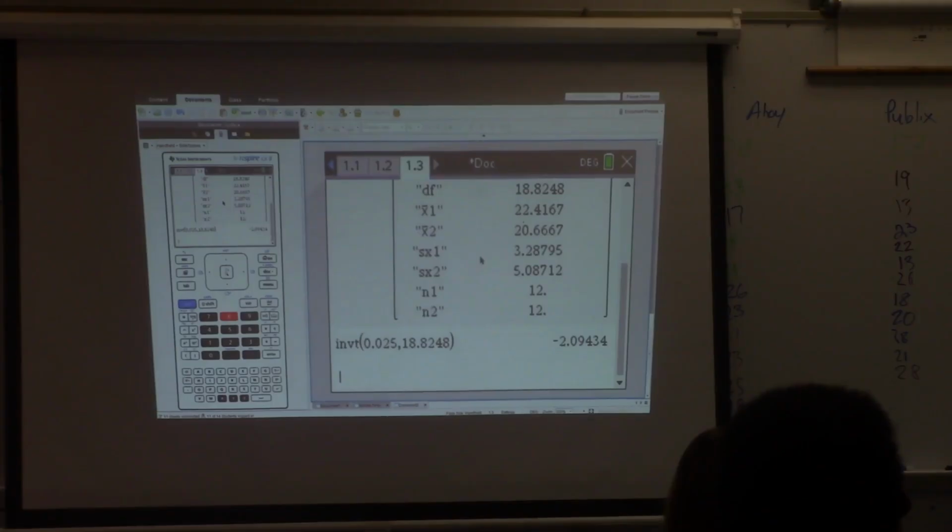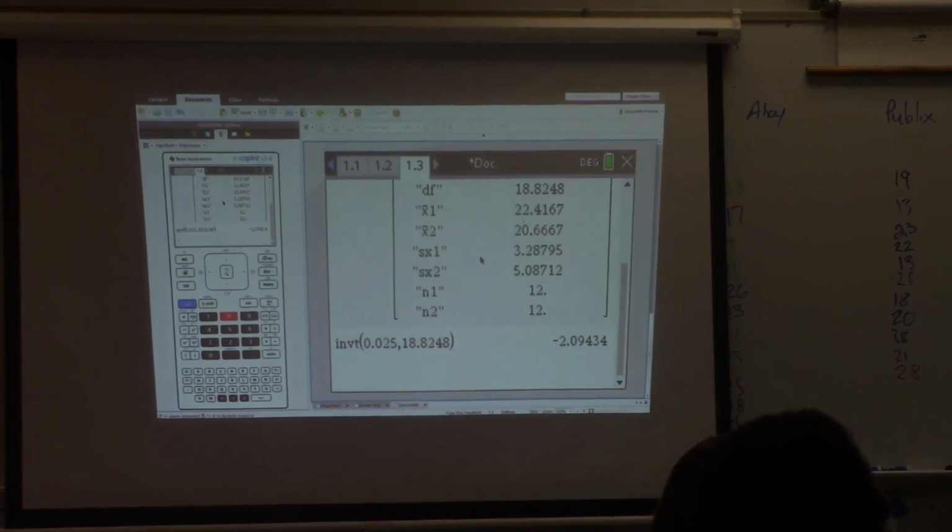Just run the interval in the calculator, let it spit out the degrees of freedom and report that. Because if you don't run it this way, you would put in a critical value that's not 100% accurate.